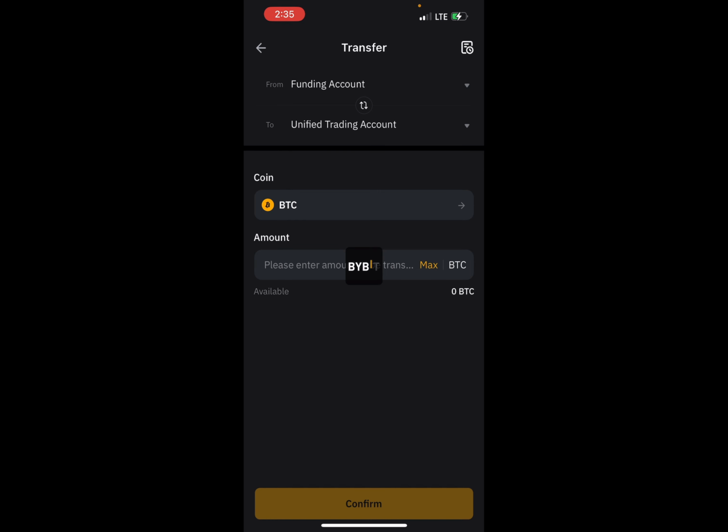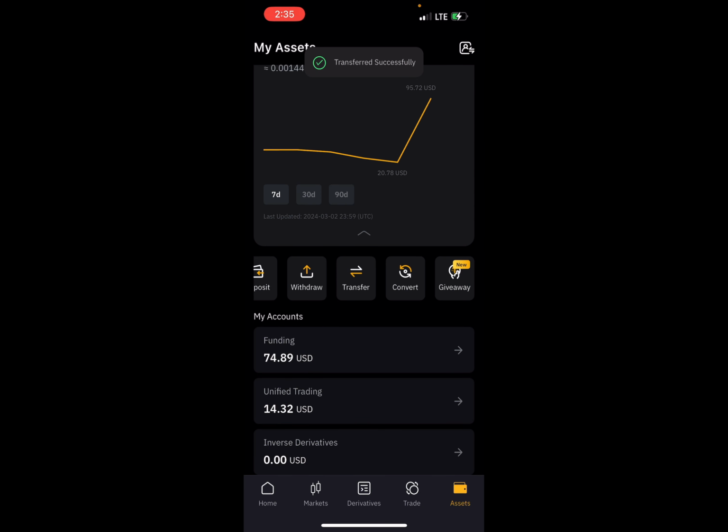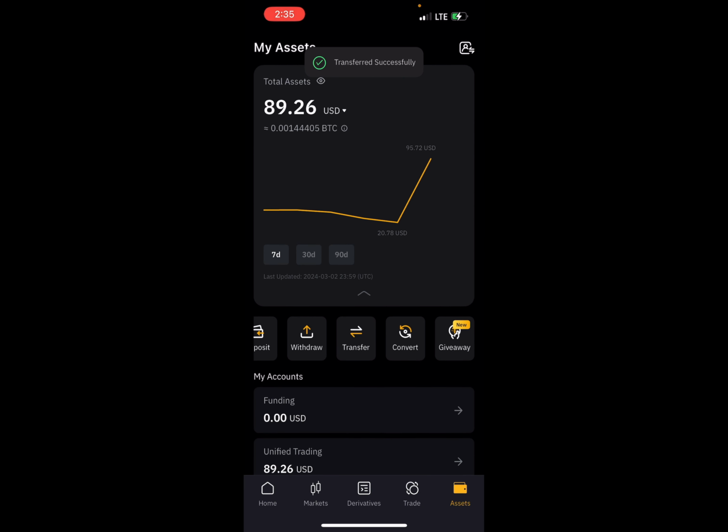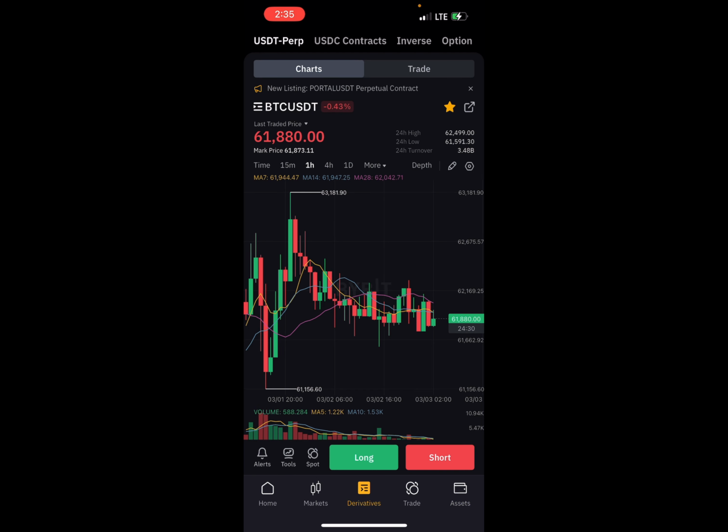Click on transfer, then from funding account to unified trading account. You can see this is the maximum, the whole amount which I have in my funding account. I can say confirm. You can see transfer successful.